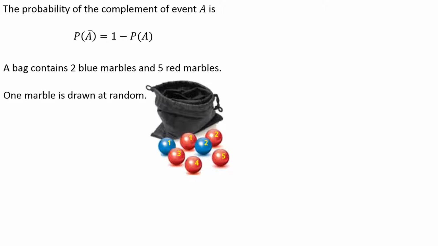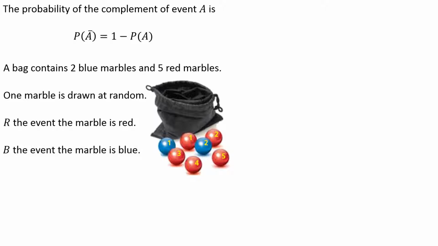Okay, got to pretend the marbles are in there thoroughly mixed up. I'm not going to peek. Let's use R for the event the marble is red, B for the event the marble is blue, and G for the event the marble is green.